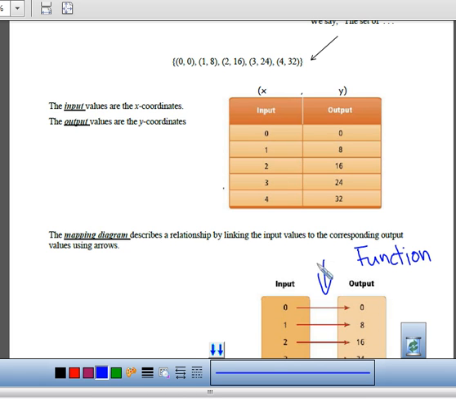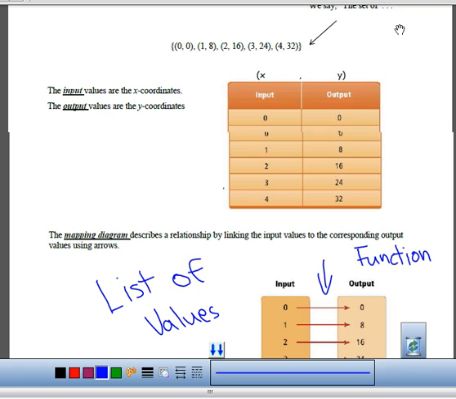This is a mapping diagram, and basically it's just a list of the values and they're connected by arrows. Alright? By the way, up here, just one more time, so the set of ordered pairs or coordinate points. So we're talking about sets. Alright? Okay, so let's talk about what is a function.